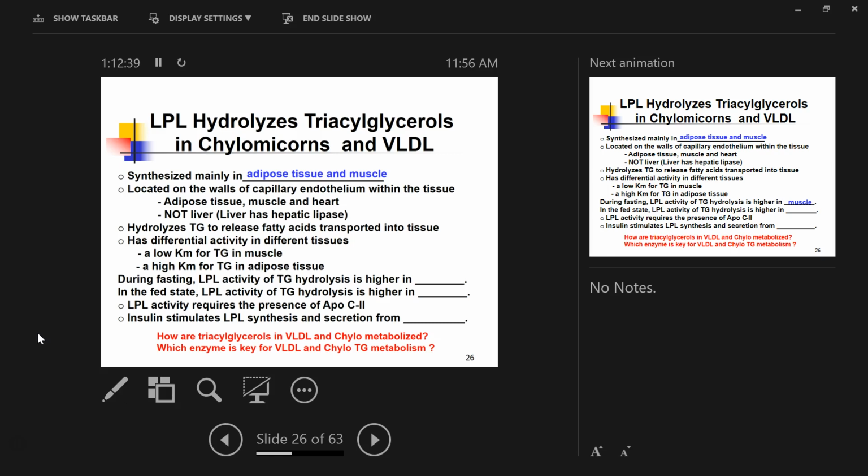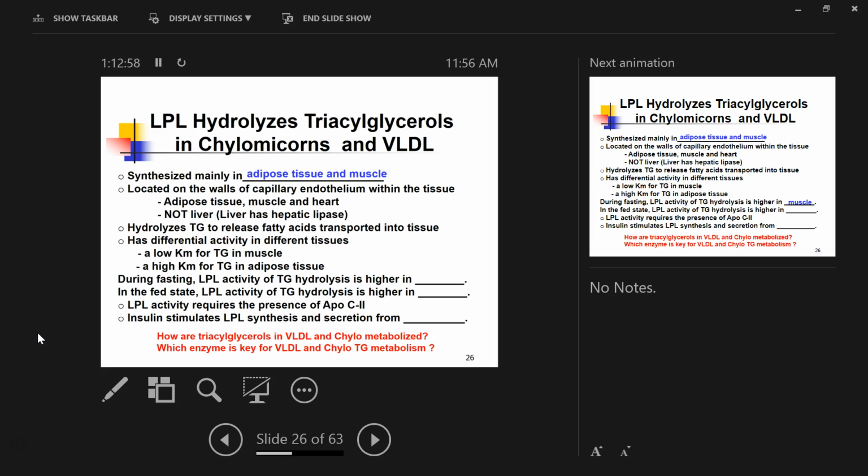Both adipose tissue and muscle, including skeletal muscle and heart. LPL is not expressed or present in the liver. Liver has its own lipase, called hepatic lipase.